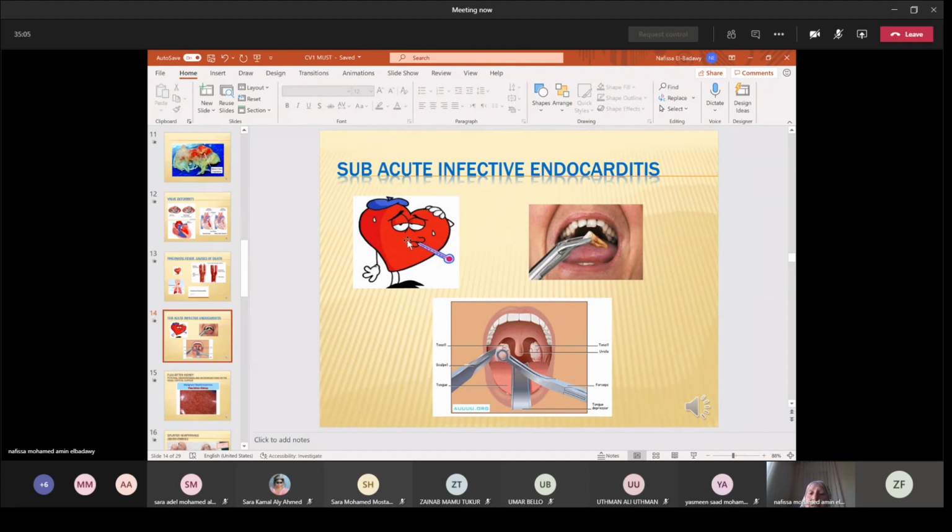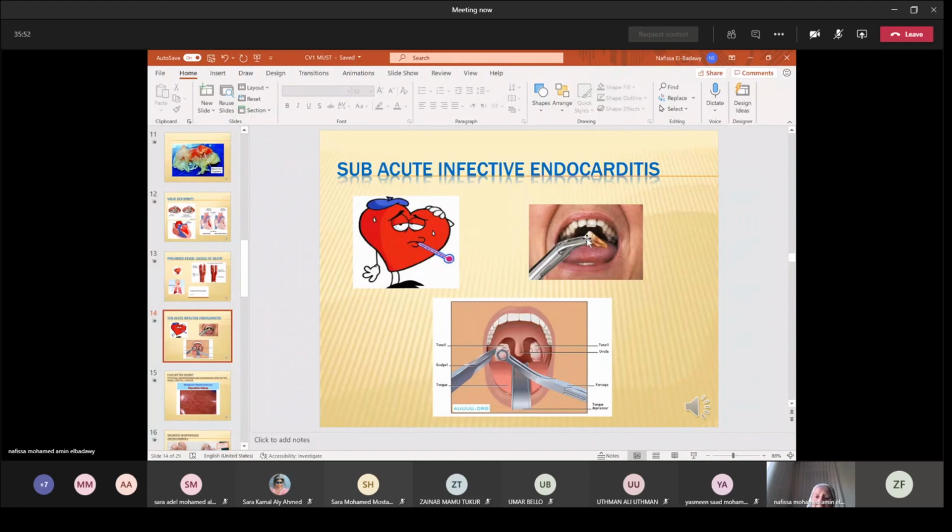In case of subacute bacterial endocarditis, we get infection of the valves by a low virulent bacteria, which is called Streptococcus viridans, which are present in the mouth normally, and when there's a tooth extraction or something, it can pass into the circulation and affect the endocardium.